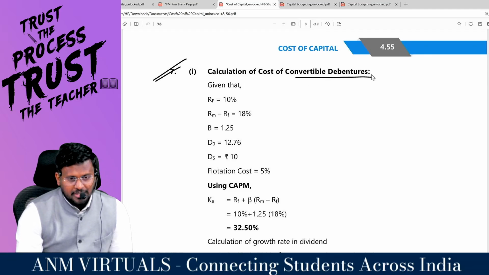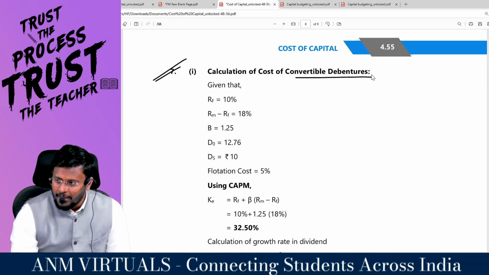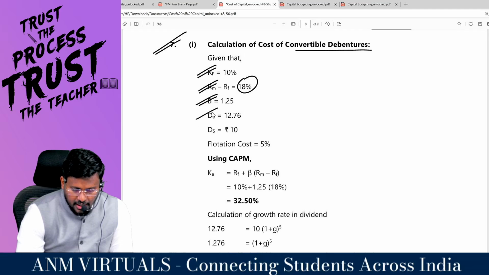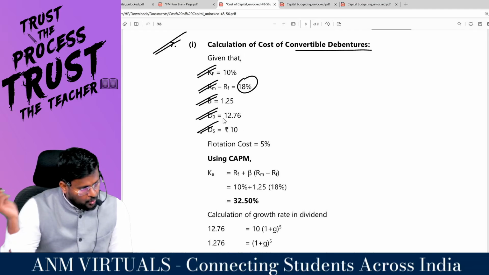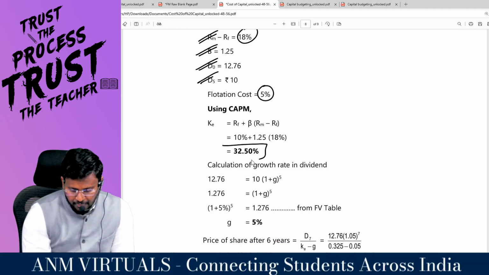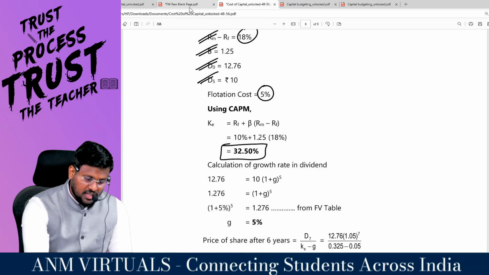Calculation of cost of convertible debenture. Actually, I'm supposed to calculate the KD only, but without KE, I can't find it. Given that RF is 10%, RM minus RF is 18%, beta 1.25, DPS 12.76 and 5 years before it was 10. Flotation cost is 5%. Using CAPM, KE is equal to 32.5%.